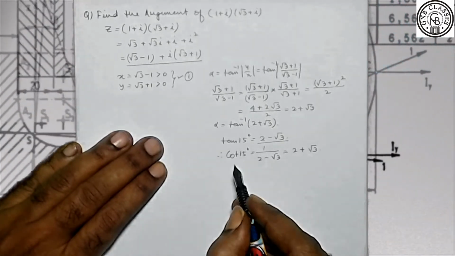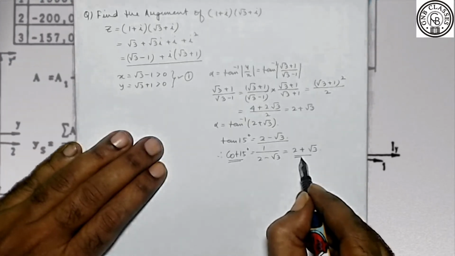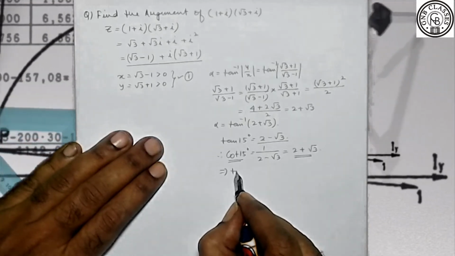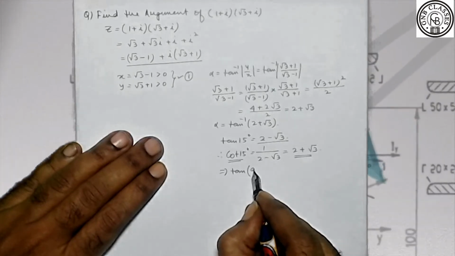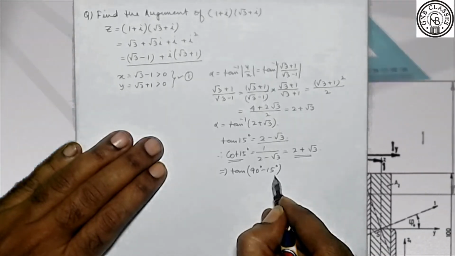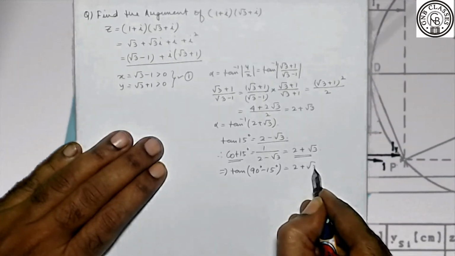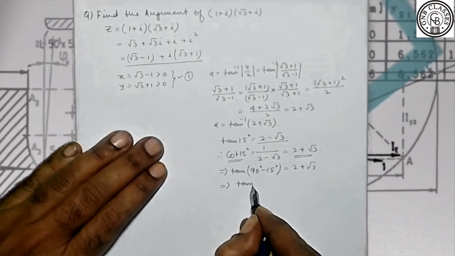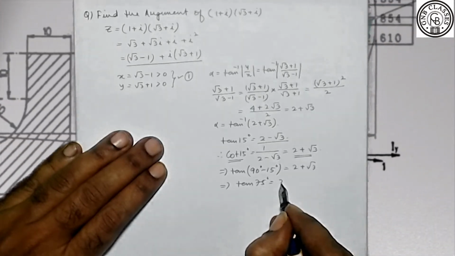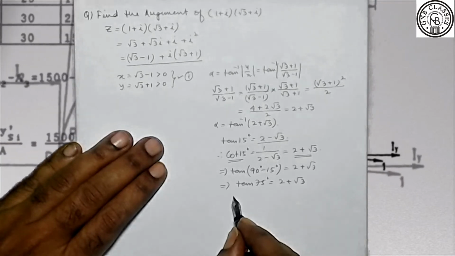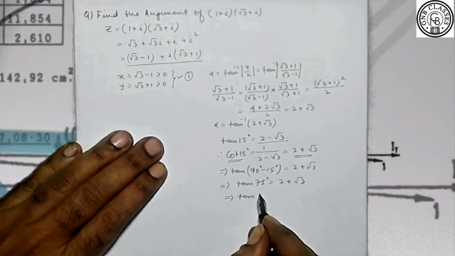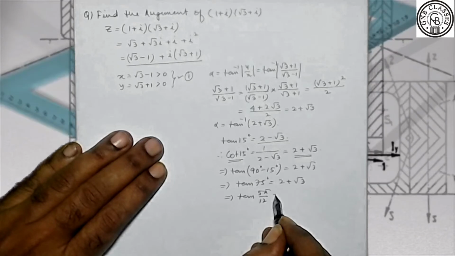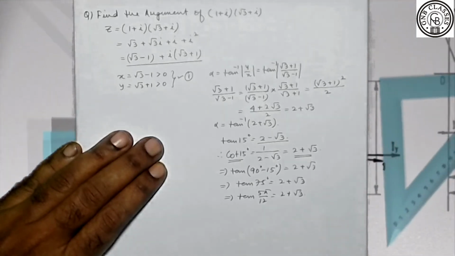Therefore, cot 15 degree is 2 plus root 3, same as tan of 90 minus 15 is 2 plus root 3, which implies tan 75 degree is 2 plus root 3, which is nothing but tan 5 pi by 12, which is 2 plus root 3.